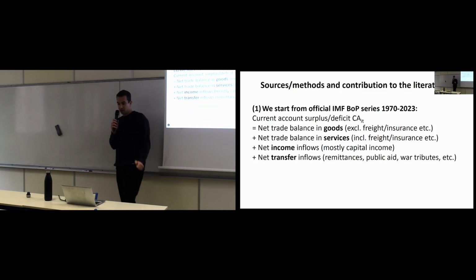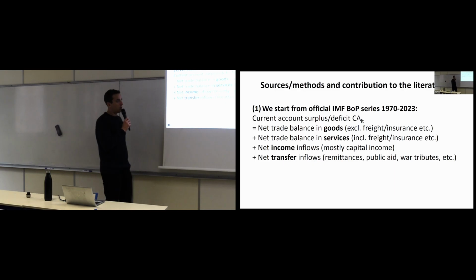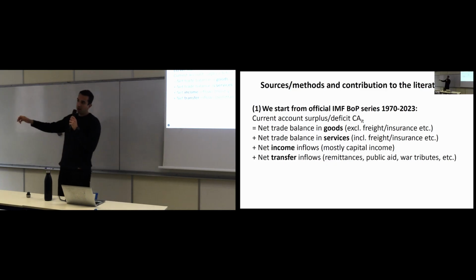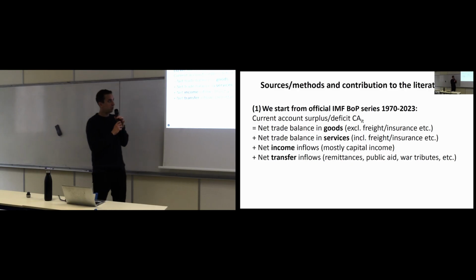Governments in the global north give money to governments in the global south to aid them with development. In the past it was more war tributes or colonial transfers or impositions from imperial powers to the colonies saying, okay, you need to pay me X amount of money just because. And this is super important because it's a key part of our results.